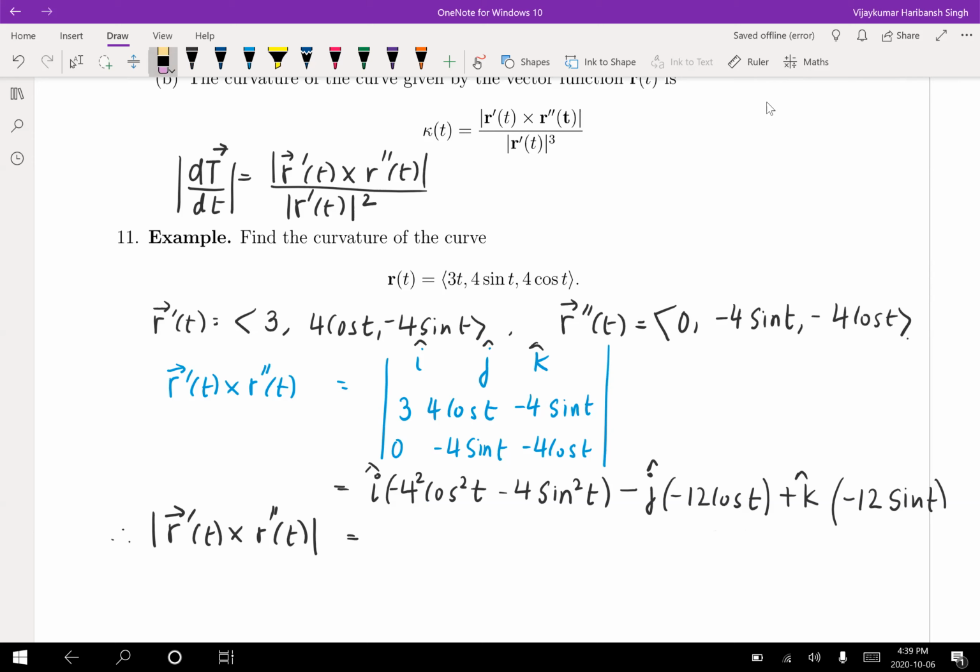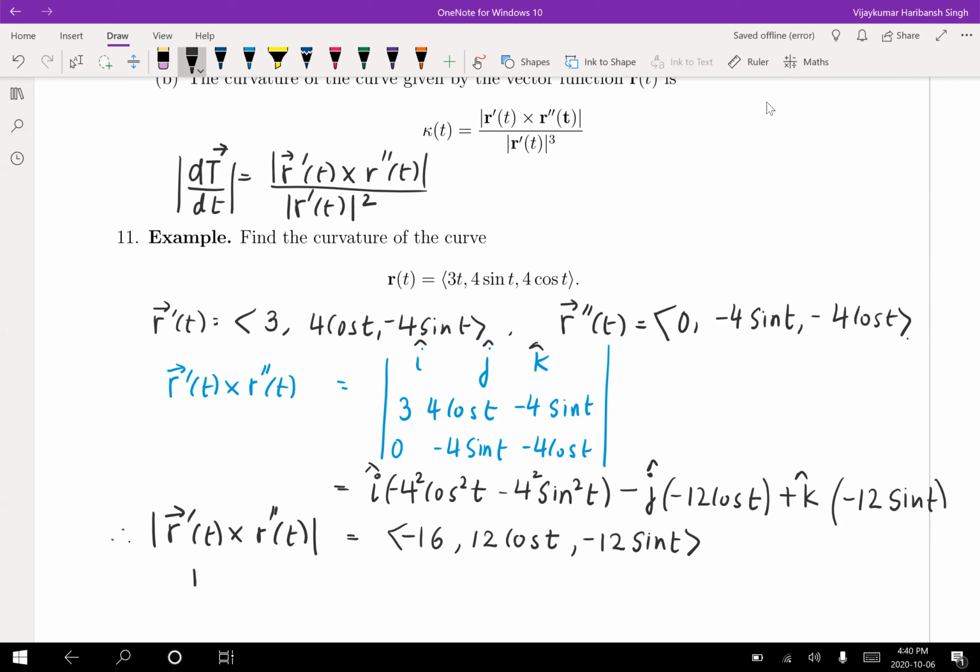You can take minus 4 out, you get sine square t plus cos square t, which is 1. So the first one is simply 16 with the minus sign. Second one is going to be plus 12 cos t. And then the next one will be minus 12 sine t.